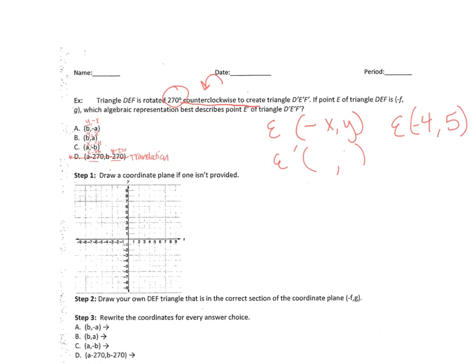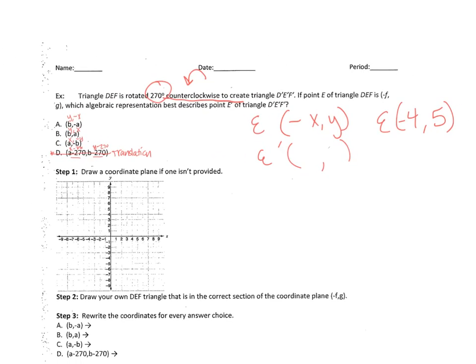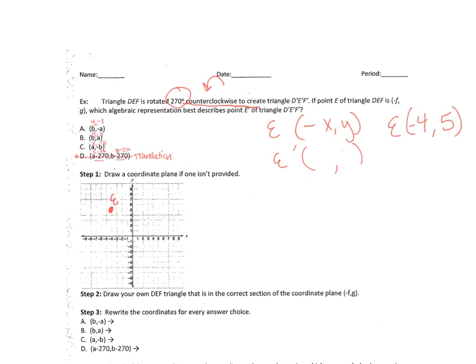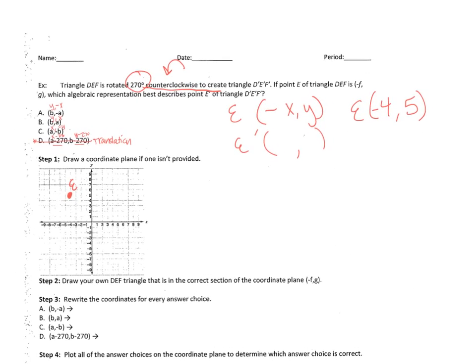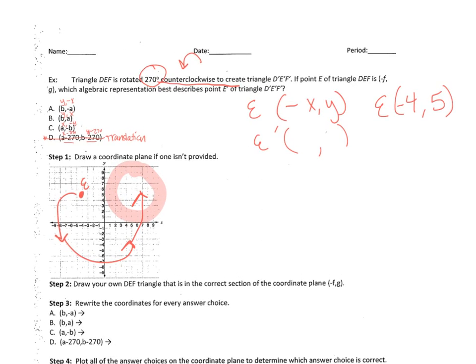We'll say that. So negative 4, 5 is our original E. And we want to see which one would be counterclockwise 1, 2, 3. So E prime should be somewhere over here. So let's see if this will work for us.